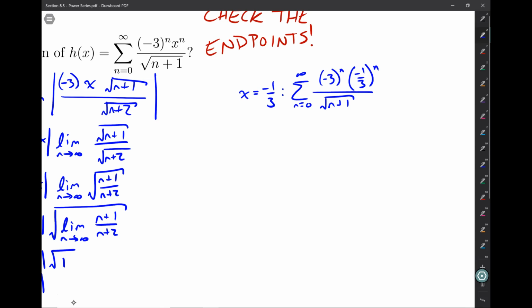Here, we have a negative 3 to the n times a negative 1/3 to the power of n. We have the same exponent with differing bases. They are multiplied together, which means that we can actually combine these into one single exponent. We have a negative 3 times negative 1/3.